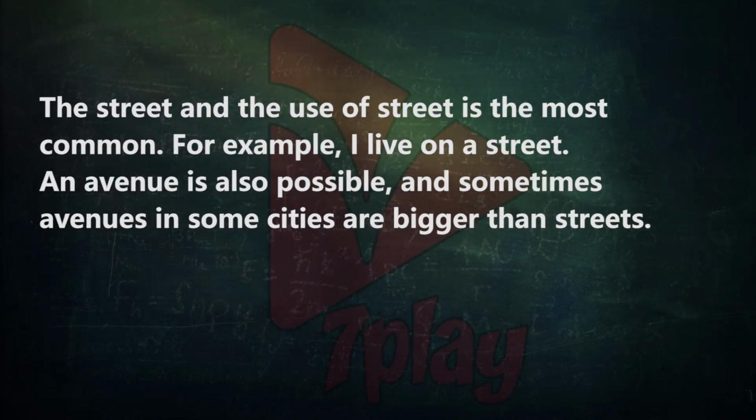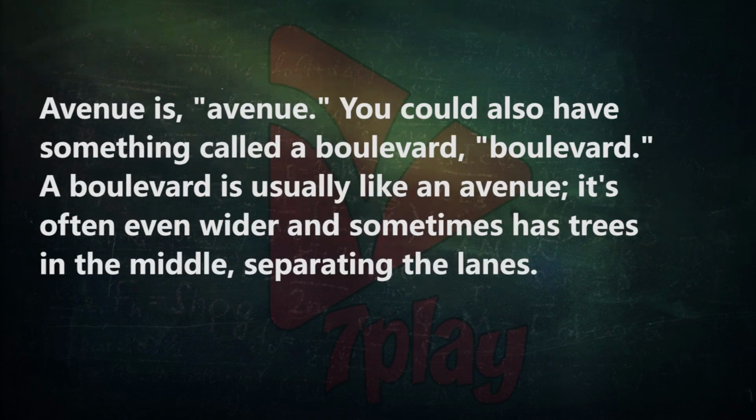The use of street is the most common. For example, I live on a street. An avenue is also possible, and sometimes avenues in some cities are bigger than streets. Avenue is Avenue.